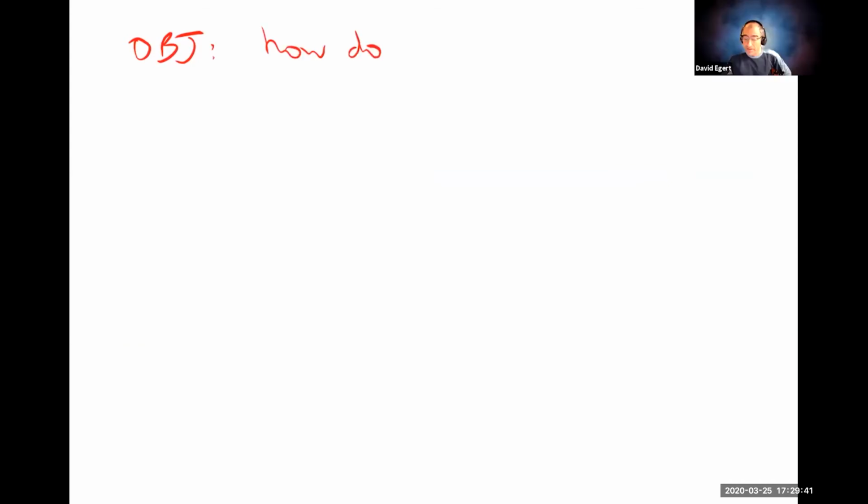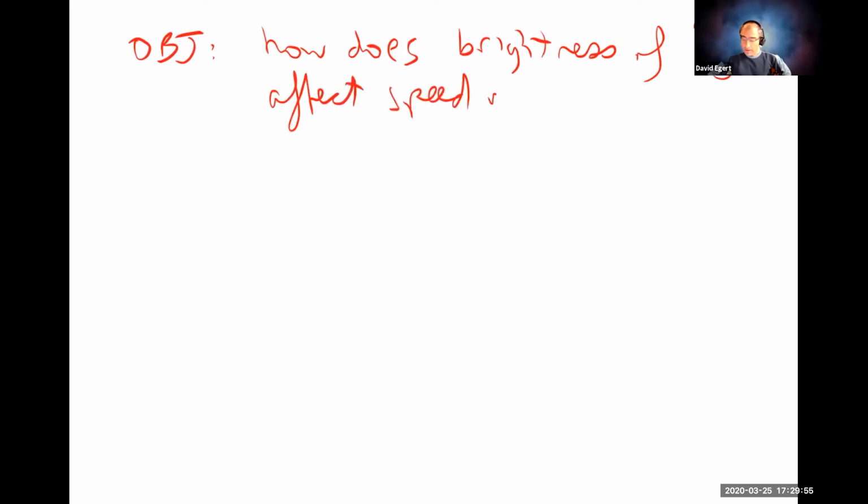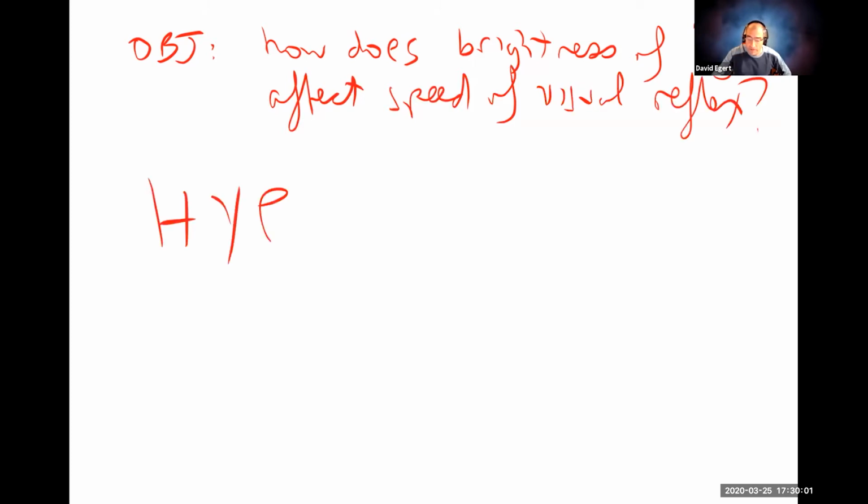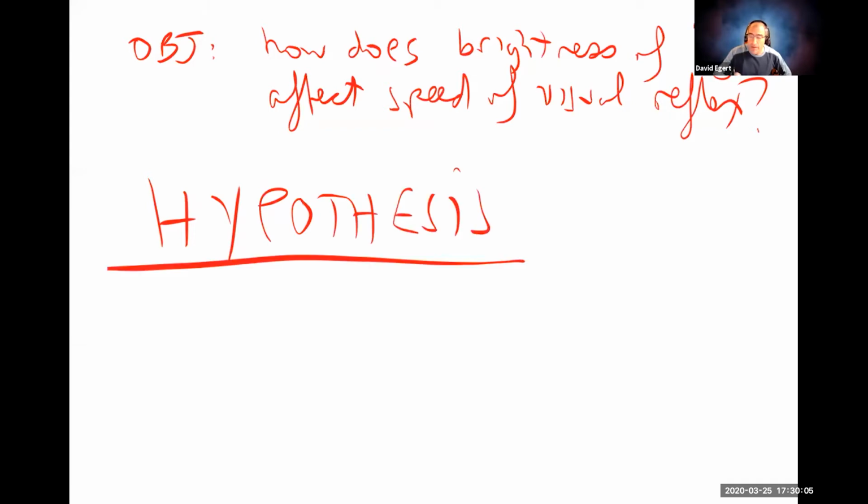Exactly, hypothesis. So objective: how does brightness of light affect speed of visual reflex? Now our hypothesis. Does anybody want to volunteer a hypothesis?